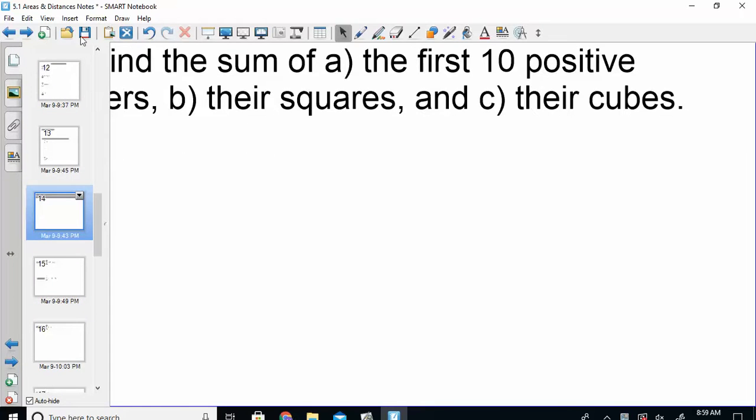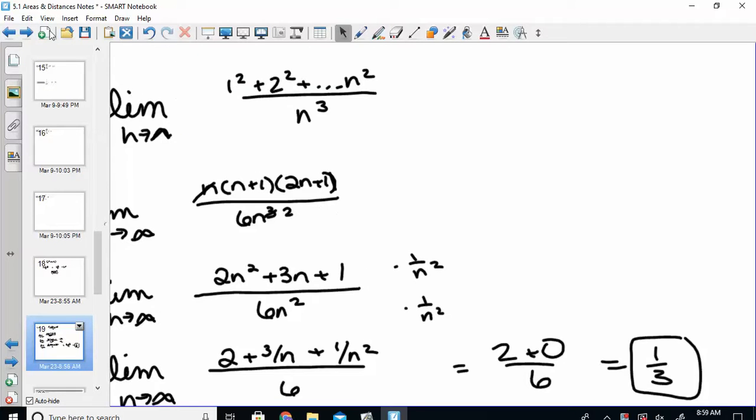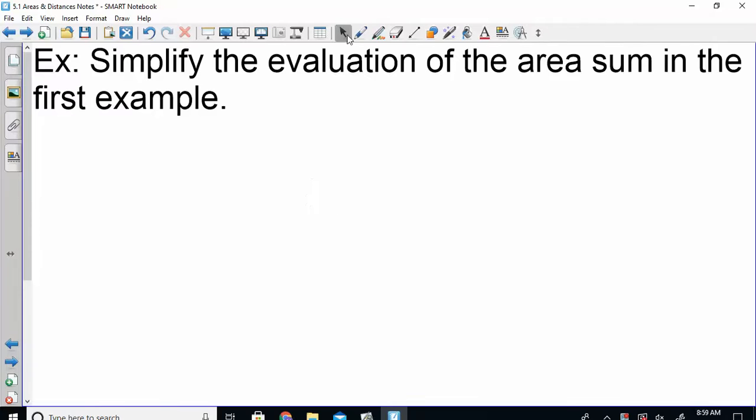So if I am looking at this, my function is x squared, my number of rectangles is going to be 10. My interval, what was the interval on this one? 0 to 3.